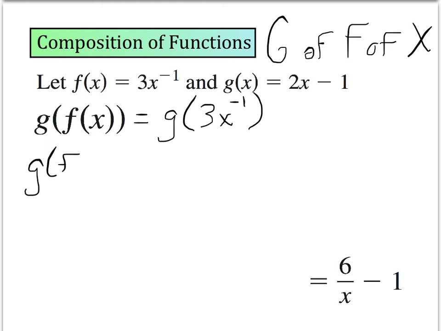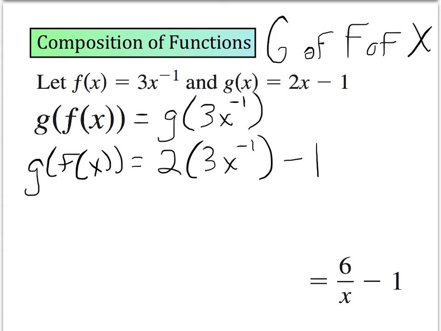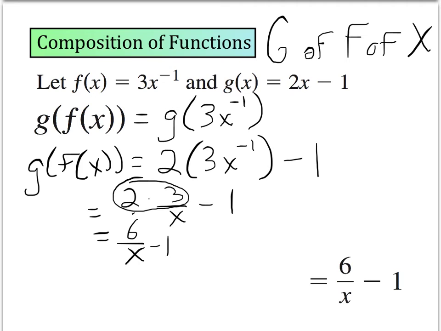Our g of f of x function is going to have the 2, but instead of the x we're going to have 3x to the -1, minus 1. Now when we simplify this we're going to have 2 times 3 over x, minus 1. This 2 and this 3 will combine here, so it'll be 6 over x minus 1.